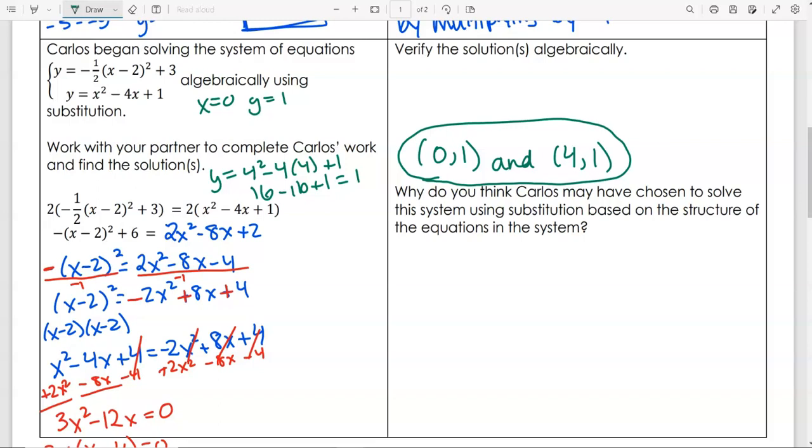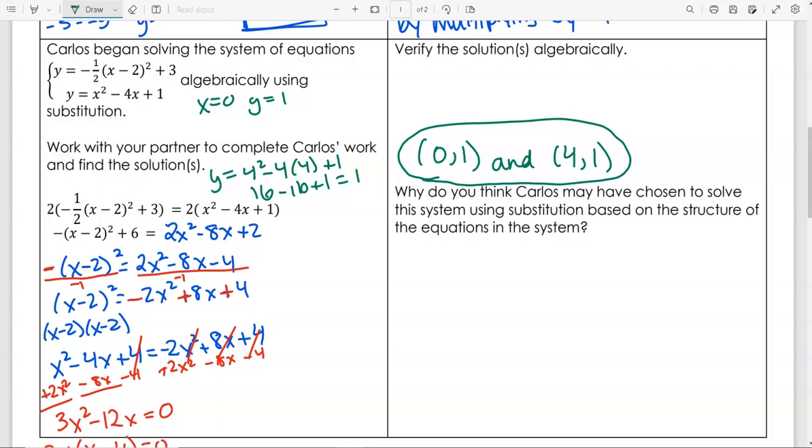All right, why do you think Carlos may have chosen to solve this with substitution this time instead of elimination? Well, there is a y. They're both equal to y, which helps, right? We don't really have the capability of stacking our variables with the way my equations are given to me.